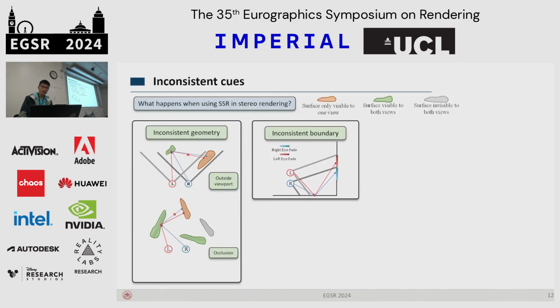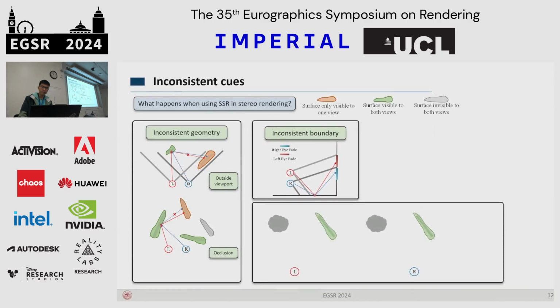The third inconsistency concerns the sampling of the reflection. Screen space reflection correctly renders the reflected surface visible in both eyes. However, to maintain real-time performance, only one or two reflection rays can be traced per pixel, and some ray may be mishit.